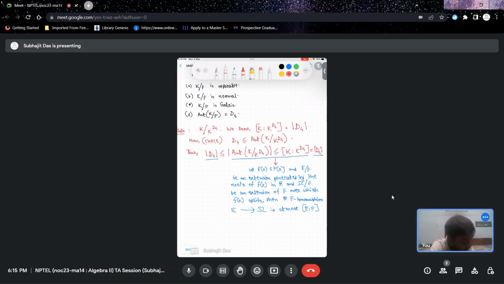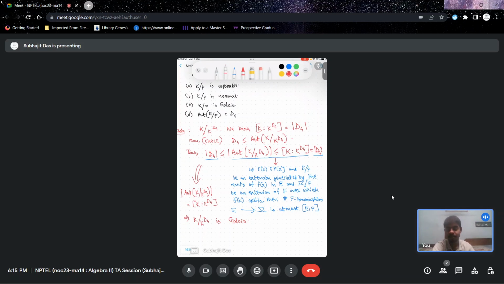Therefore the cardinality of the automorphism group, or the Galois group, of k over k^{D4} is exactly equal to the degree of the extension, which implies that k over k^{D4} is a Galois extension. This is one of the defining properties of a Galois extension, that is, the cardinality of the Galois group of the extension should be equal to the degree of the extension.